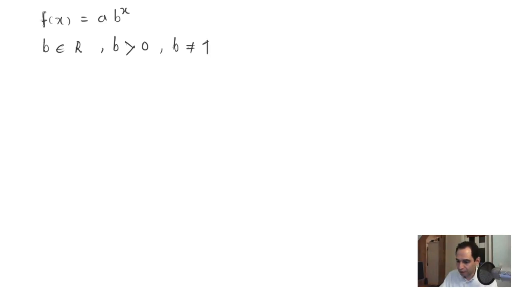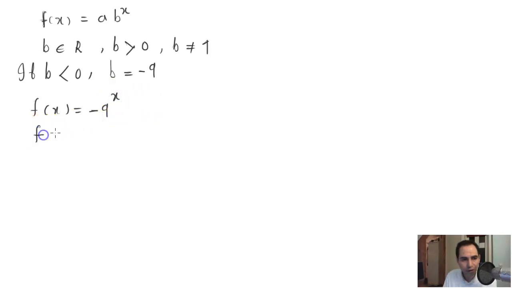And the reason why that is the case is that if b is a negative number, if b is less than 0, for example let's say b is equal to -9, and you have a function f of x is equal to, let's say a is equal to 1 and b is equal to -9 raised to the power x, here f of half is equal to -9 raised to the power 1/2.